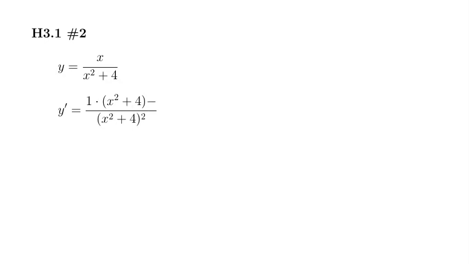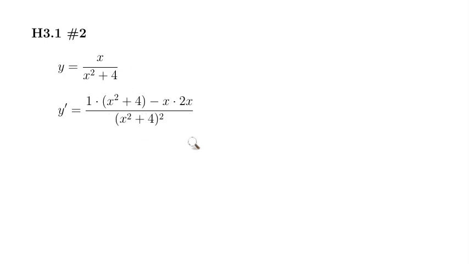Then the top, which is just x, multiplied by the derivative of the denominator. The derivative of x squared plus 4 is just 2x, so we put 2x there.